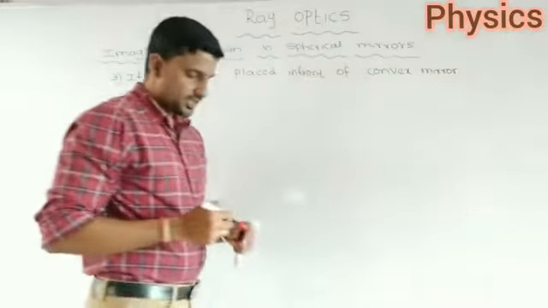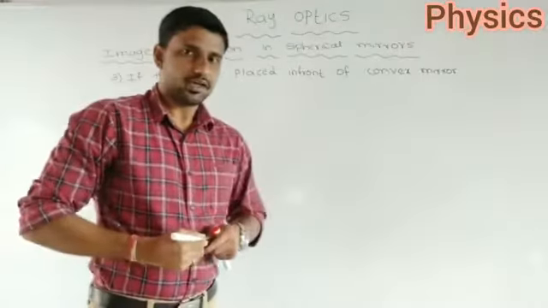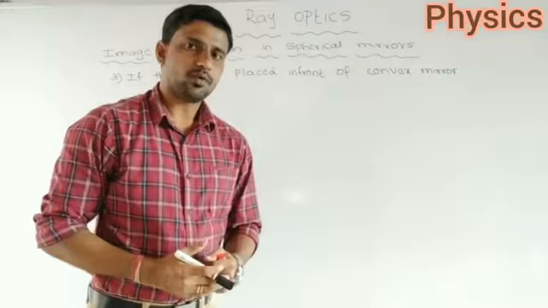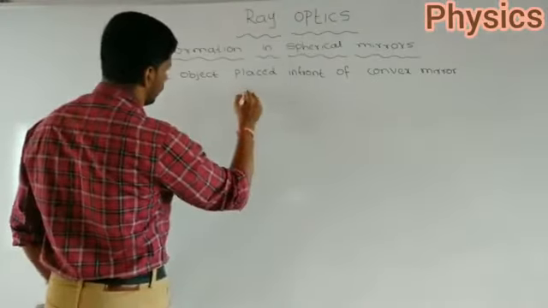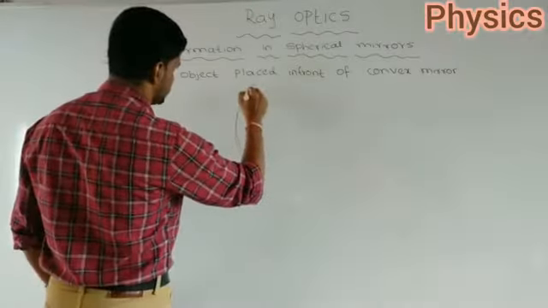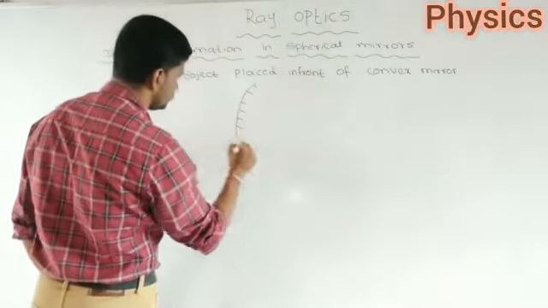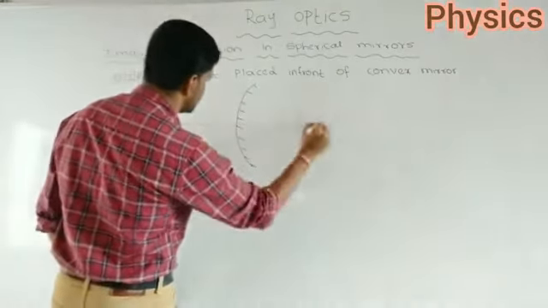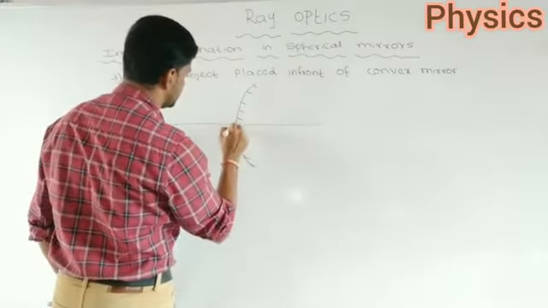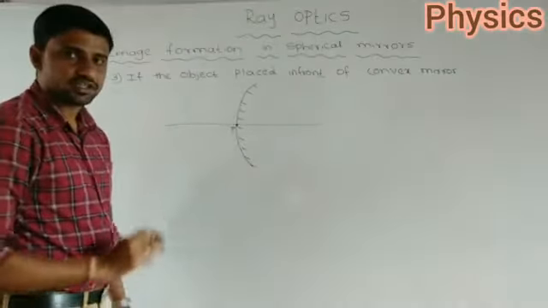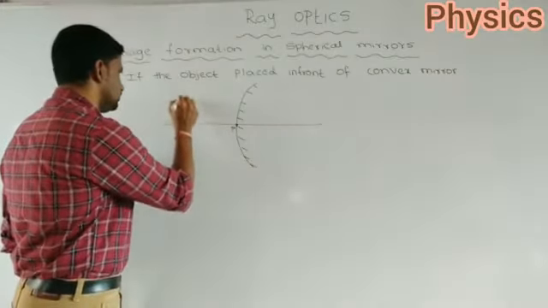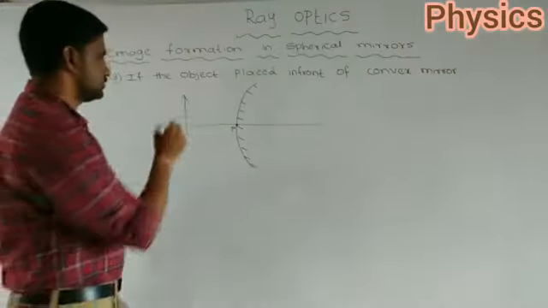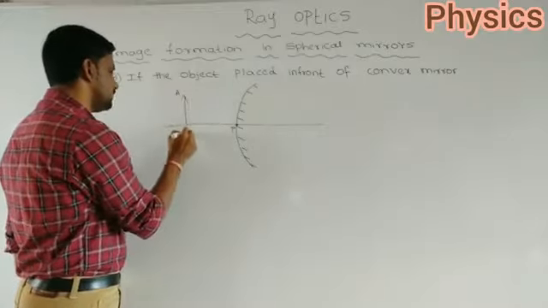Suppose I place an object in front of a convex mirror, then let us see which type of image we will get. Now I am going to consider a convex mirror. This is a convex mirror. This is the principal axis, and this one is the pole. Now I should keep the object exactly in front of this mirror. I am keeping it here. So this is the object A, B.